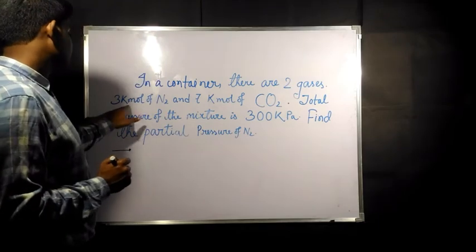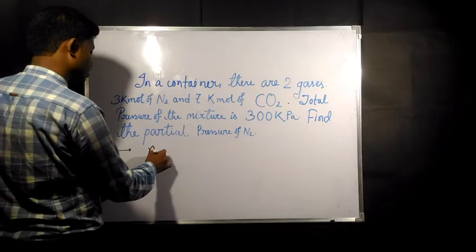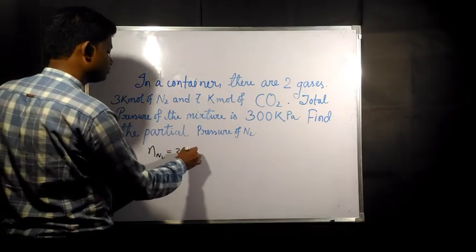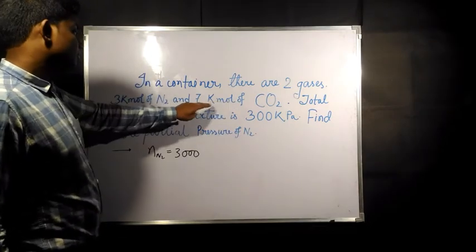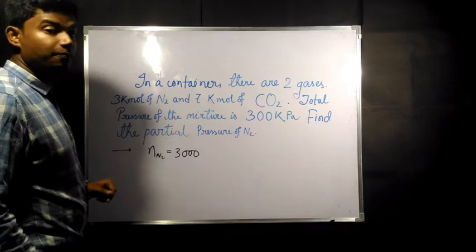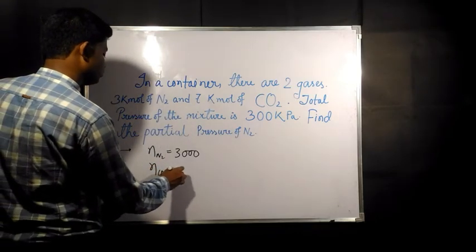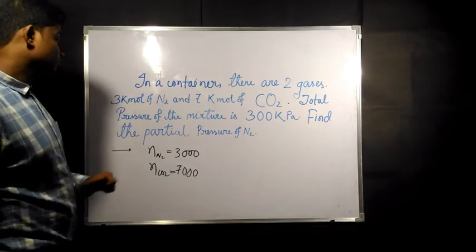They have given the number of moles of N2 as 3 kilomole, that means 3000, and the number of moles of carbon dioxide as 7 kilomole, that means N of carbon dioxide is 7000.